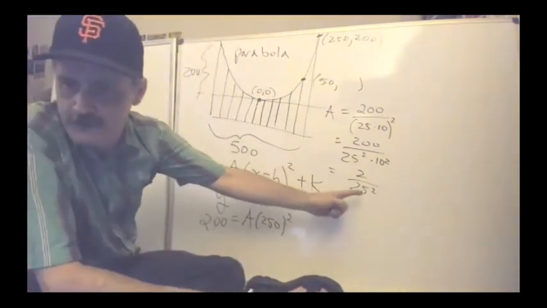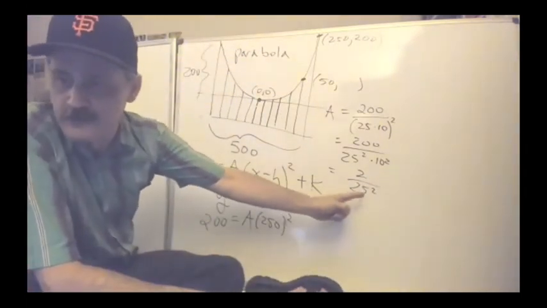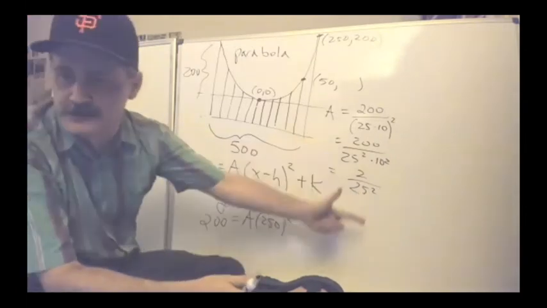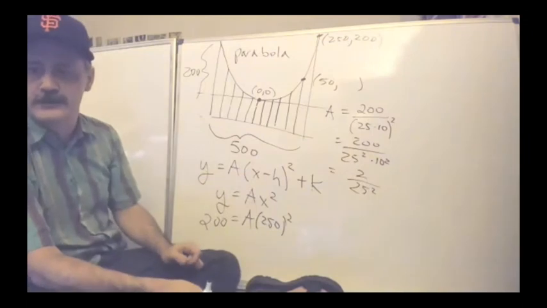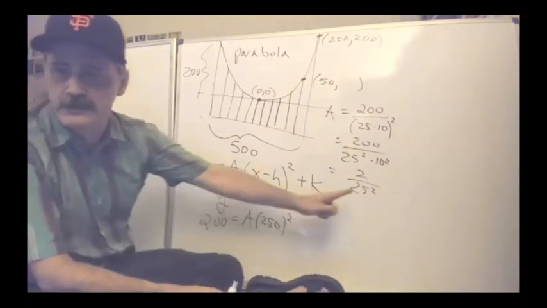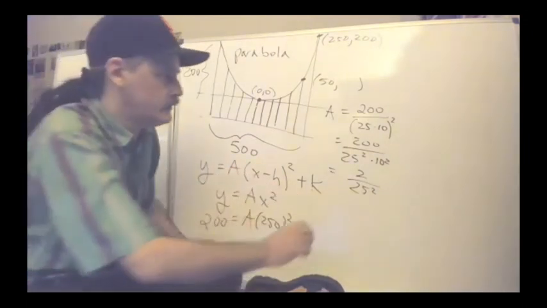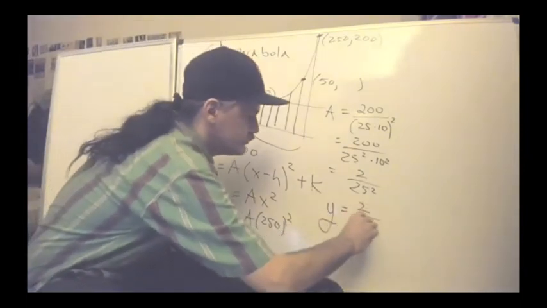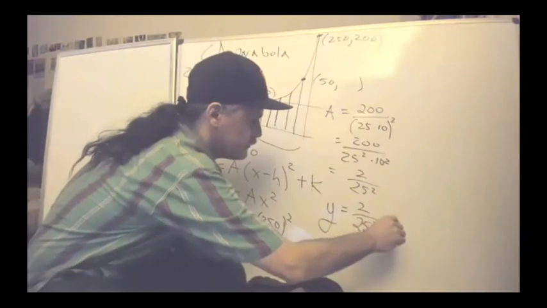And, you know, I'm going to leave it this way, but that's 625. So now you have a fraction. 2 divided by 625, you didn't convert to a decimal. I'm just going to leave this as 25 squared, though. All right, so now we have our problem. A equals 2 over 25 squared, x squared.